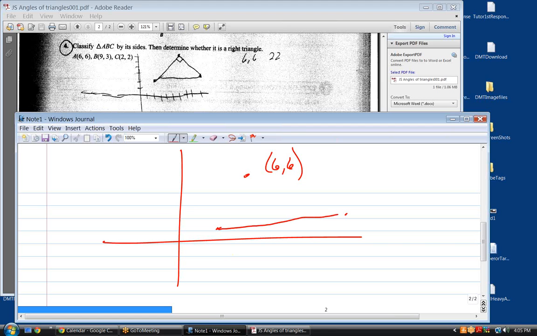So that side is not even parallel to the x-axis. Now, this point over here is 2, 2. And this point here is 9, 3. What steps do we need to consider as to what kind of triangle this is, based on its sides? And then, based on angles or whatever, determine whether it's a right triangle.